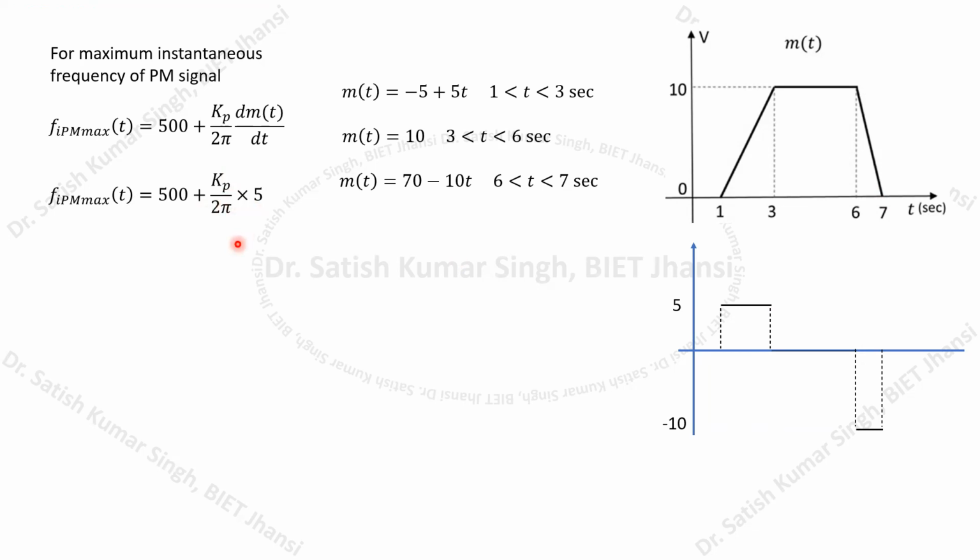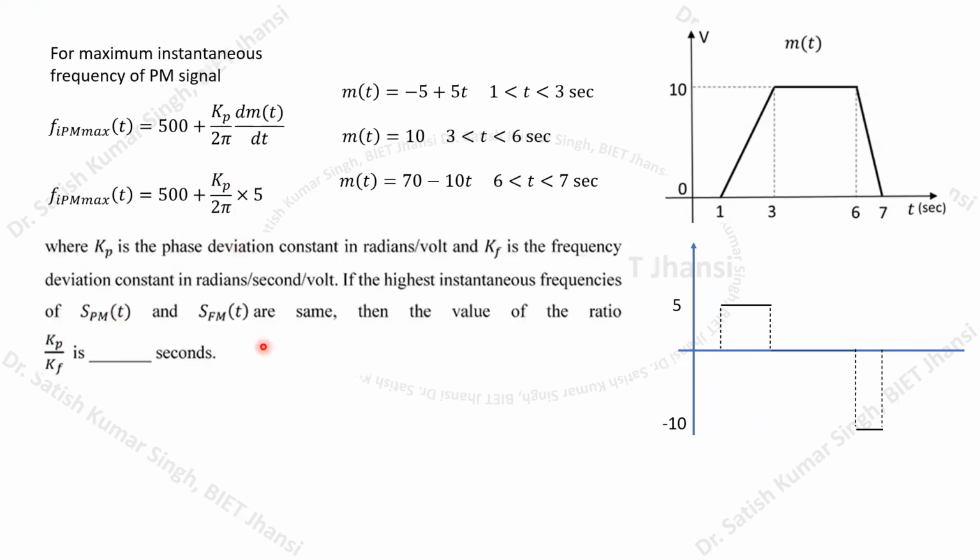Now, in the problem it is mentioned that the highest instantaneous frequencies of the phase modulated and frequency modulated signals are the same. So we have to substitute fi PM maximum equals fi FM maximum.